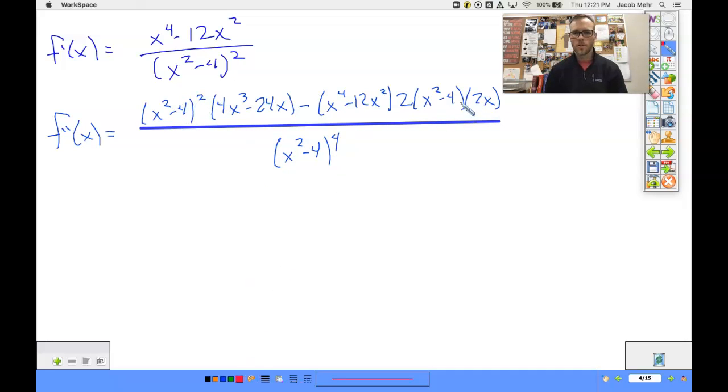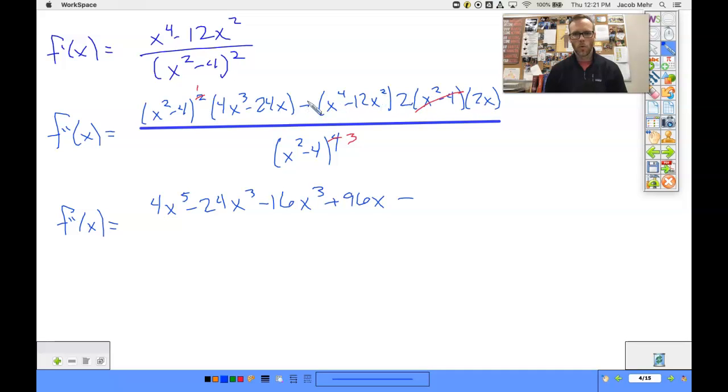All right, I'm looking at the x squared minus 4s, and there's 1 here. So let's cancel 1 out of everything, like that. I'm going to distribute across the top here. Oh, what is that? 96x minus, now I'm going to distribute, there's a 4x.